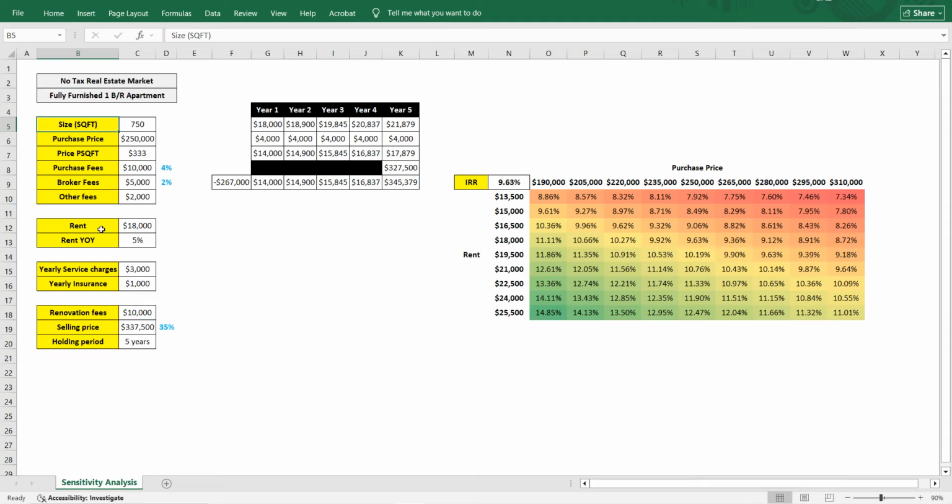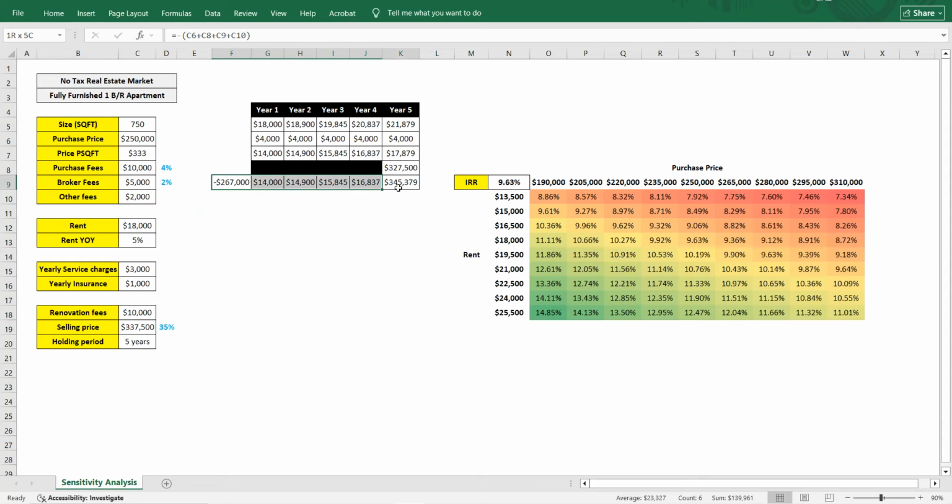We are estimating the rent for the first year at $18,000 with a rent year-over-year growth of 5%. The yearly service charges will be $3,000 and the yearly insurance around $1,000. The holding period will be 5 years, and we are going to renovate our apartment for $10,000 before selling it. And we are also estimating the following selling price with 35% capital appreciation.